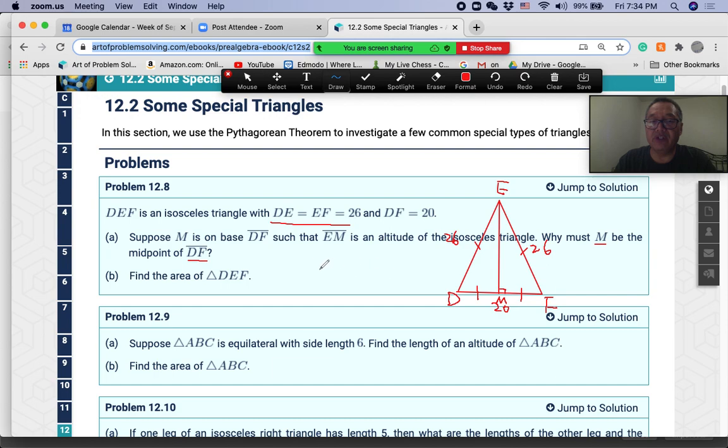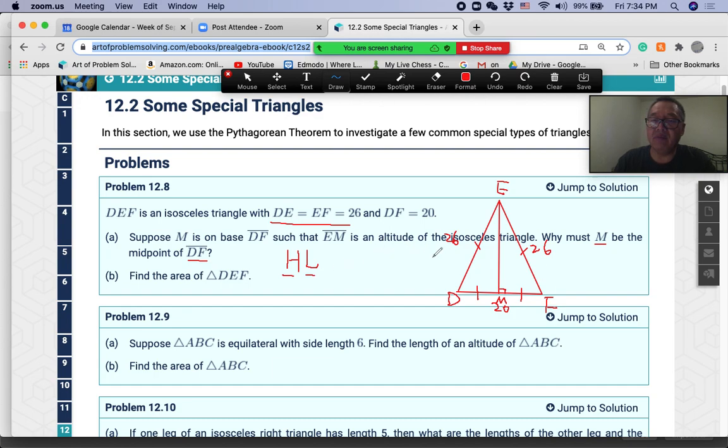In right triangles, we learn the theorem called HL theorem. H means hypotenuse, L means leg. If in two right triangles one pair of legs are congruent and one pair of hypotenuses are congruent, then these two right triangles are congruent.